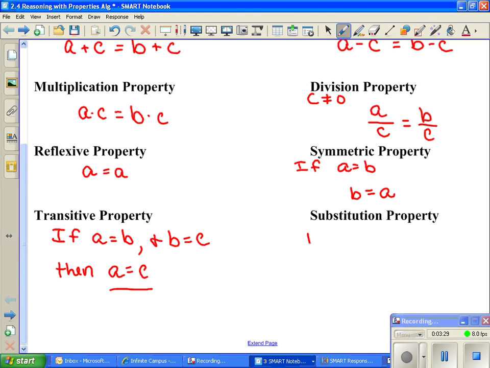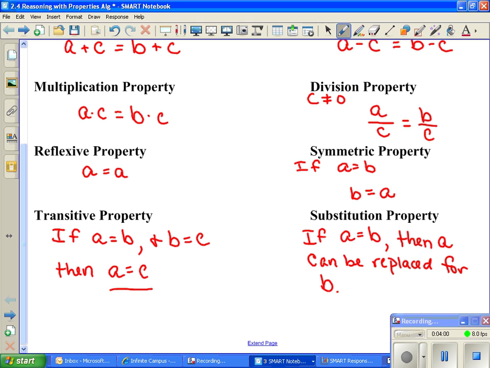On substitution, if you're given A equals B, then you can replace A for B in any equation, or vice versa. Let's use replace instead of substituting so that you know it in your definitions.